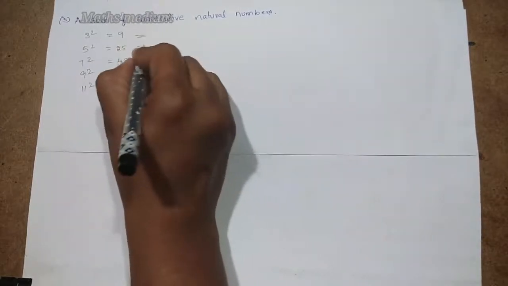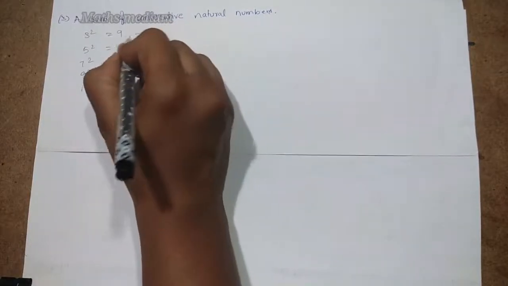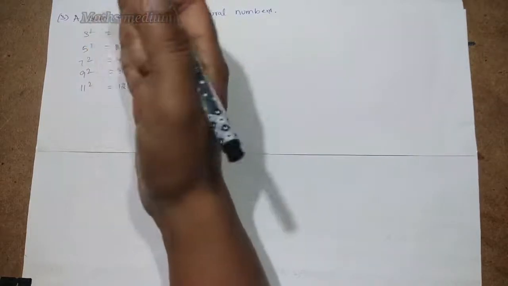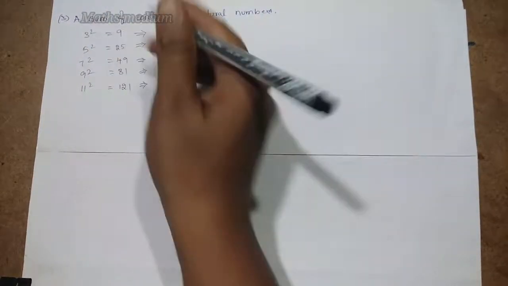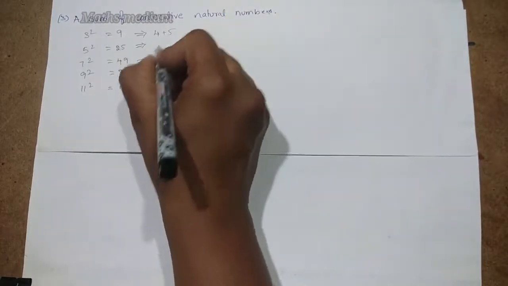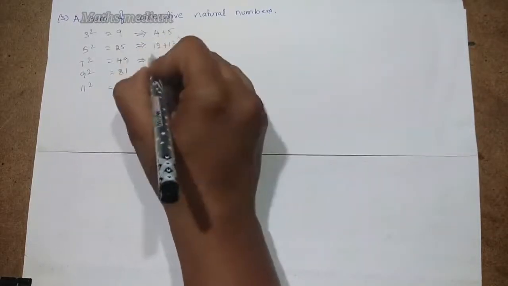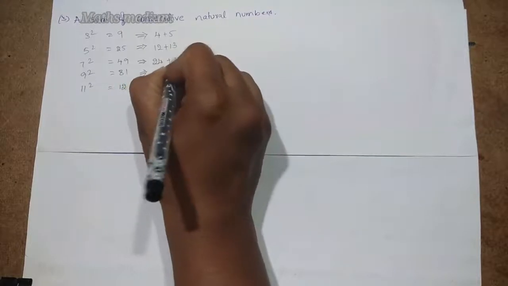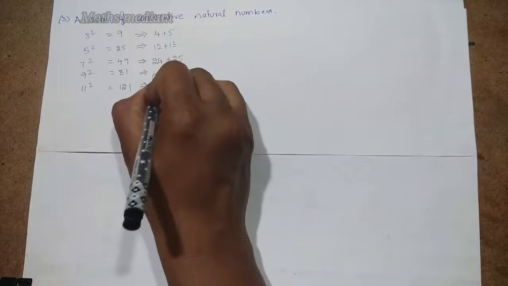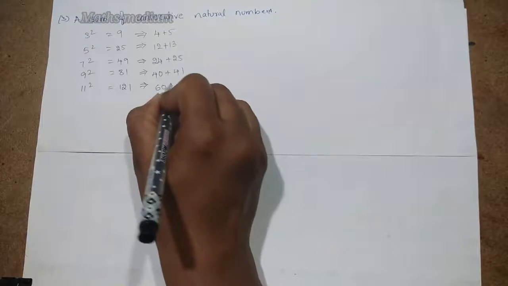Now, by adding two consecutive natural numbers we get the answer. This is represented as 4 plus 5. Next, 25 as 12 plus 13, 49 as 24 plus 25, 81 as 40 plus 41, and similarly 121 as 60 plus 61.